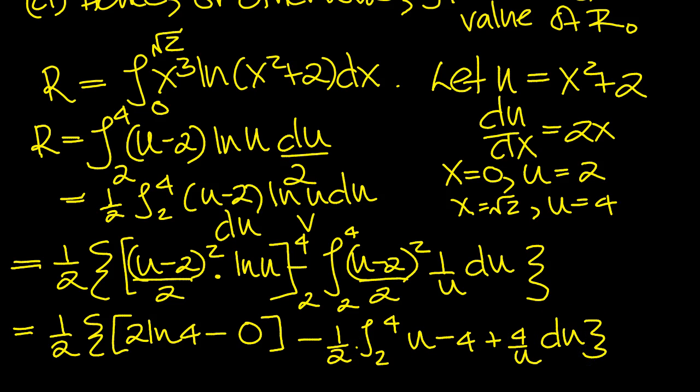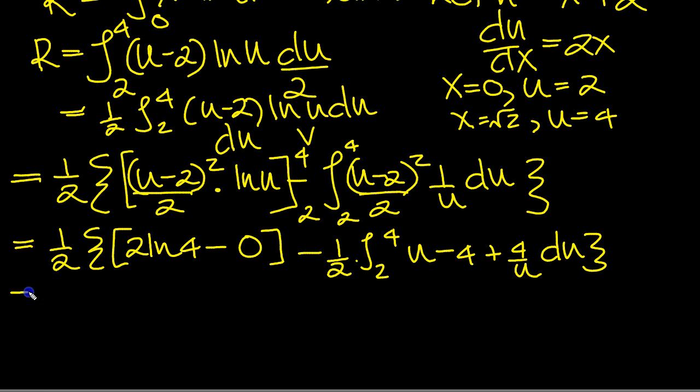So let's see what we've got here. It equals a half of, well, I'm going to expand this bracket. Half times 2 is just ln 4, minus, and it's a half times a half, so it's going to be a quarter of this integral now.